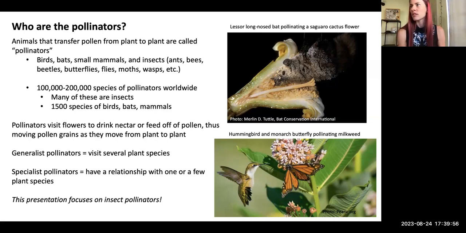I think there are even some funky examples of large mammals, but I'm an entomologist, so I don't know as much about the weird examples of plants that are pollinated by large mammals. But a lot of these are insects, and I have here some images that show you different pollinators. We have a bat pollinating a cactus flower, and then an image of milkweed with a monarch butterfly and a hummingbird.